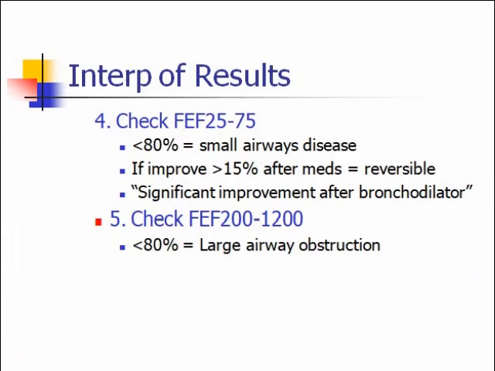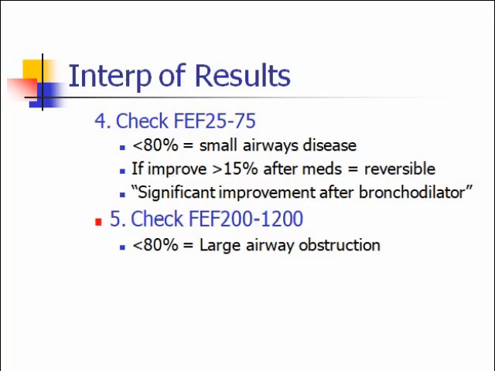The fourth measurement you want to look at is FEF 25 to 75%. Now, if the percent predicted is less than 80%, you can confidently say there's a small airways disease. But you're not done there. Look over at the post-bronchodilator and see if it's improved after the medication by 15% or greater.